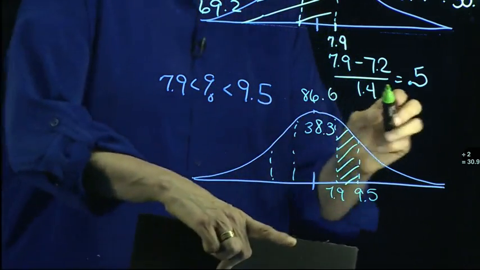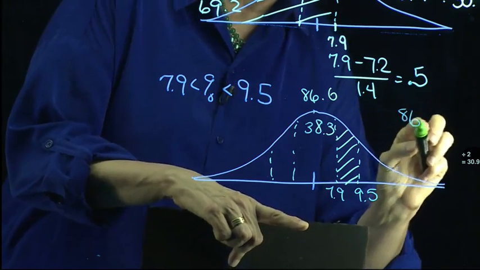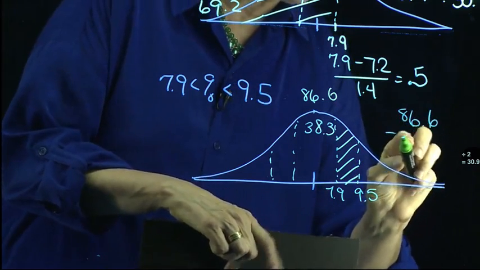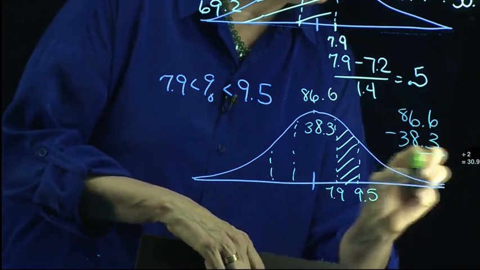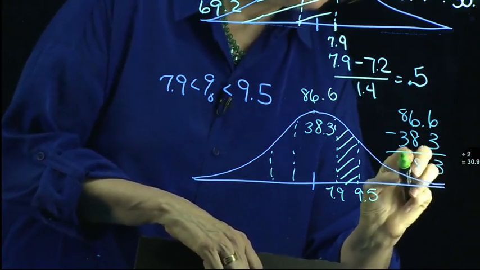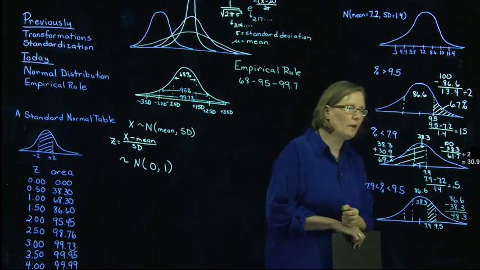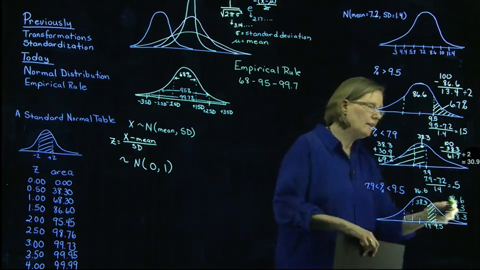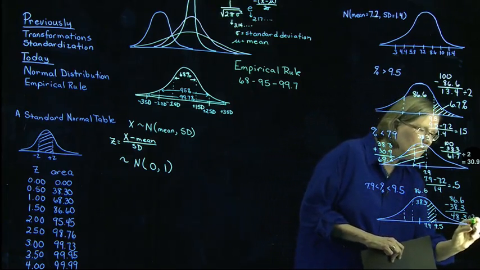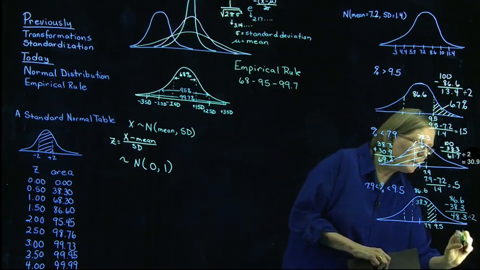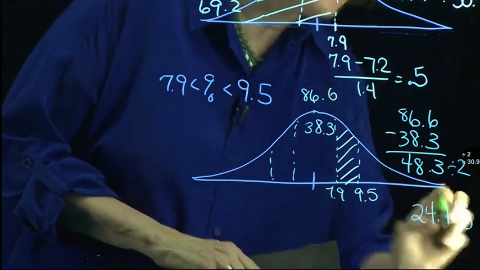So we know that that's going to be 86.6 minus 38.3, which is 48.3, and now we need to divide it by 2. And it's about 24.1%.